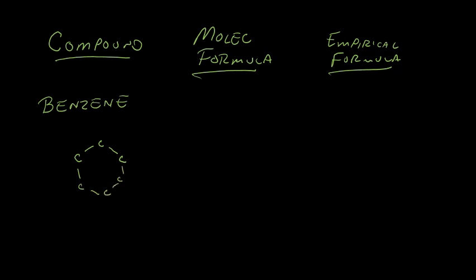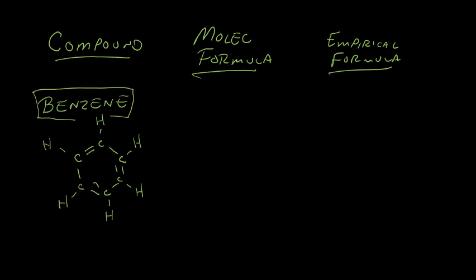Right? And there's some alternating double and single bonds here. That's not really important for us right now. But we've got 6 carbons arranged in a hexagon, and each carbon is connected to 2 other carbons and connected to a hydrogen. So this is what the molecule looks like.